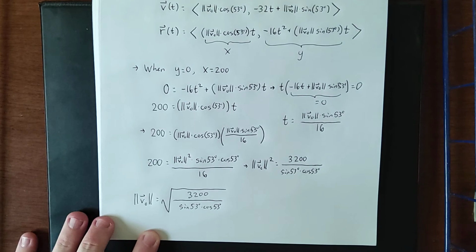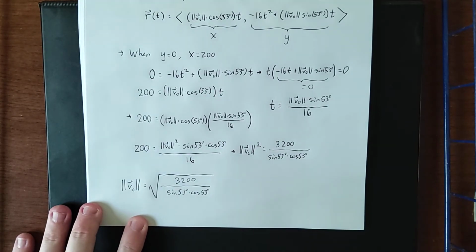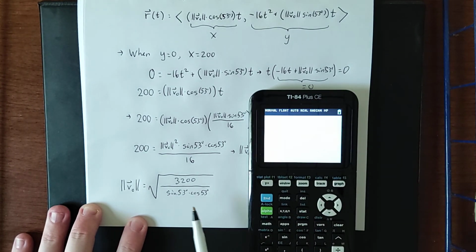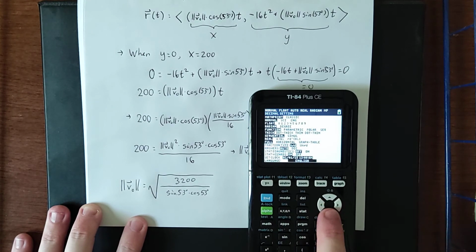Now, as far as I'm concerned, that is a great looking final answer, and any mathematician would be happy to have it. Unfortunately, this is a real world problem, and therefore we should probably give it a real world answer. Which is why I'm going to grab my handy dandy TI-84 Plus CE so that we can approximate this answer. Now, I would like to point out that this is in degrees, so we need to make sure that our calculator is in degree mode.